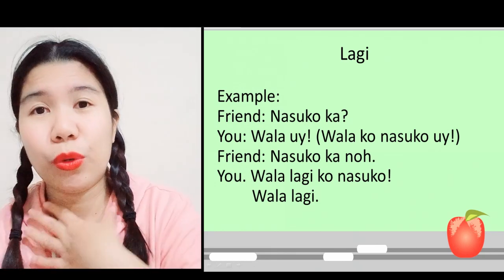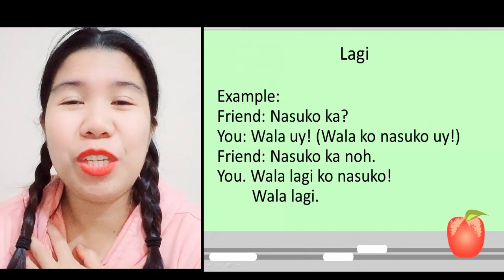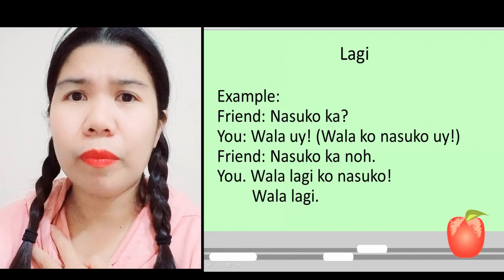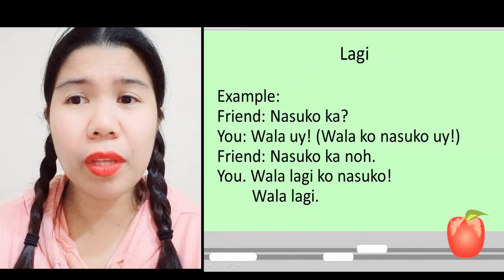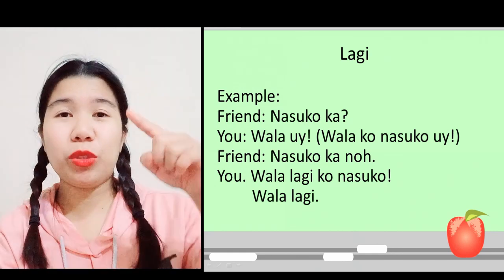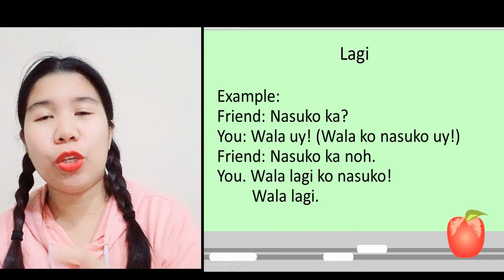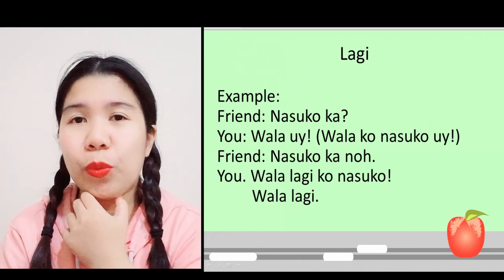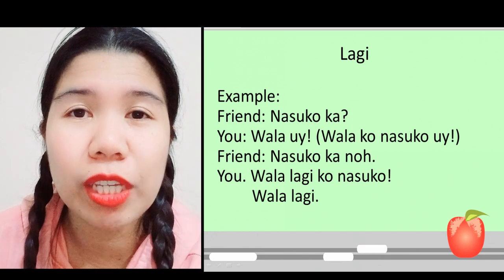And then you, of course, you would disagree that you're not. You would say, "Wala oy," meaning I'm not. If you notice, we have the word uy. Uy is actually used if you're talking to someone close to you, or uy makes the conversation informal.